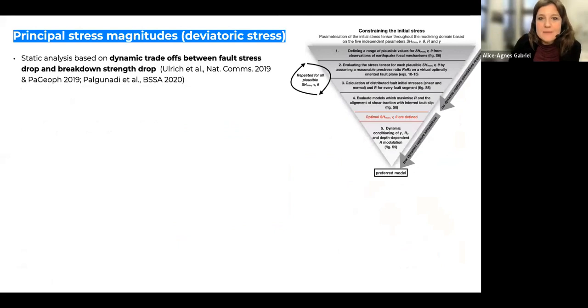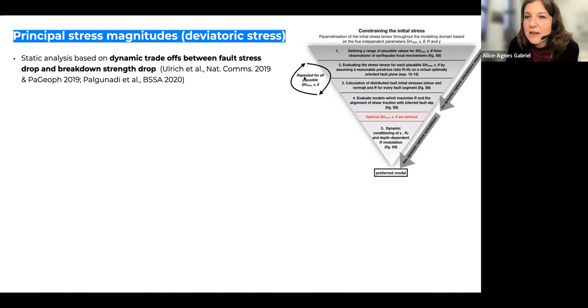Okay. And at this point, I would like to link back to two earlier studies where we've been coming up with only four initial parameters that can describe the initial loading and strength of these multi-fault dynamic rupture scenarios in a coherent way. Specifically, there's a model of the Kaikoura earthquake, and there's also a study of the Pohang earthquake, by Palgunadi and Thomas Ulrich in 2019 and 2020.